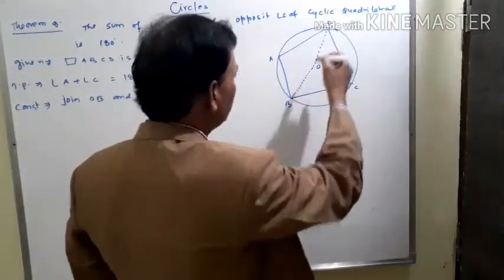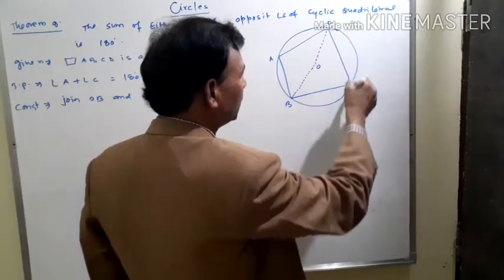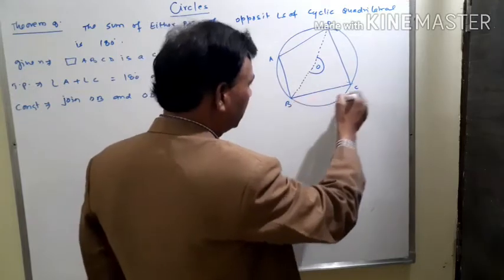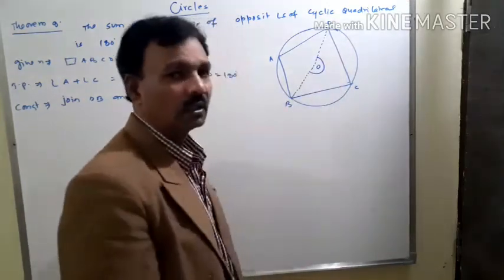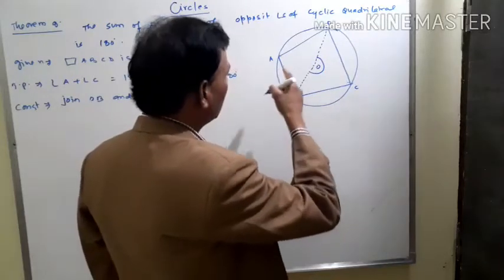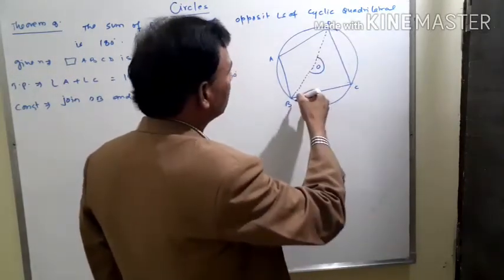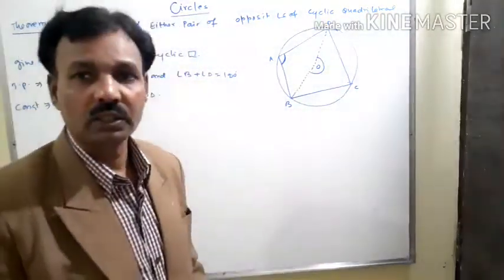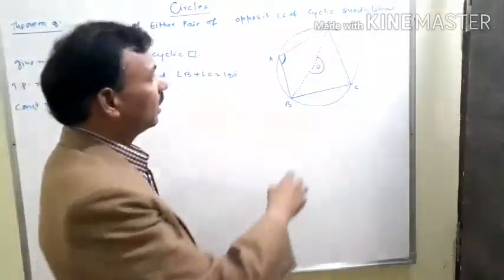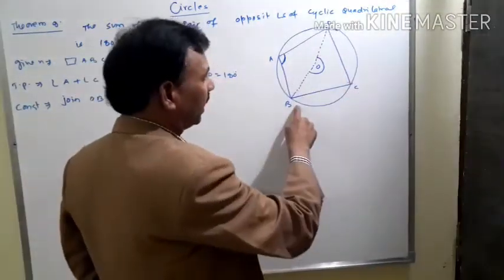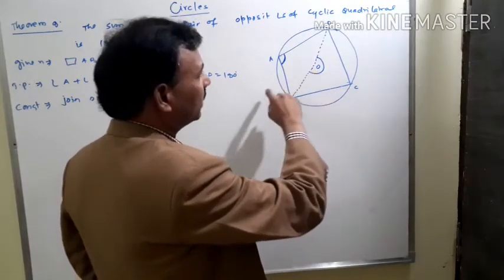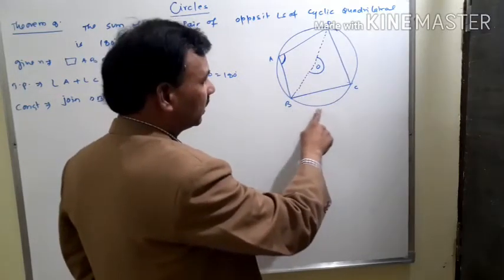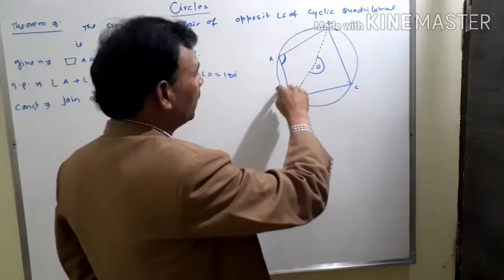Here, B and D are two points on the circle. One angle is subtended by the arc BD at the center of the circle, and another angle is subtended by it on the remaining part of the circle, which is A. Therefore, by theorem 5, the angle subtended by an arc at the center of the circle is twice the angle subtended by it on the remaining part of the circle.